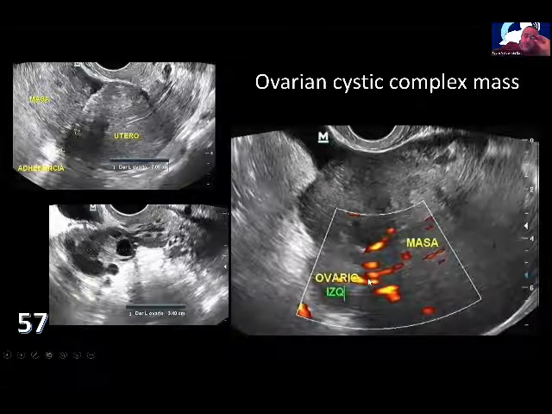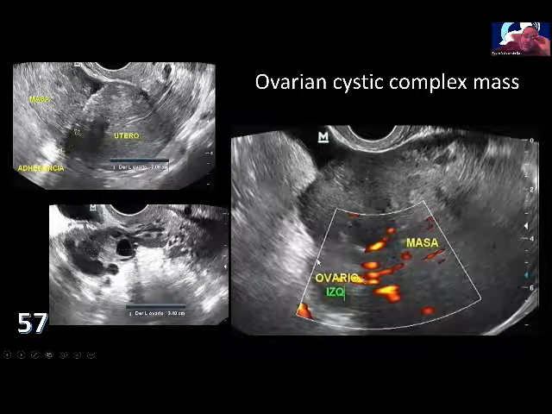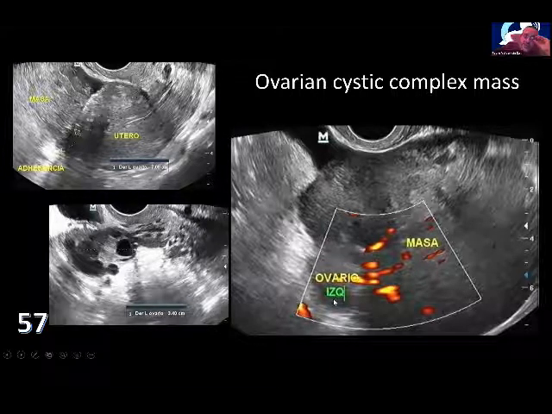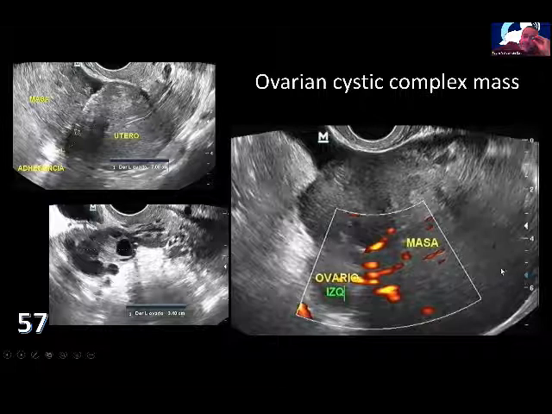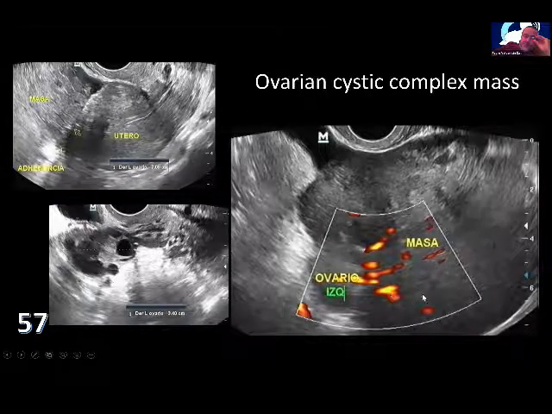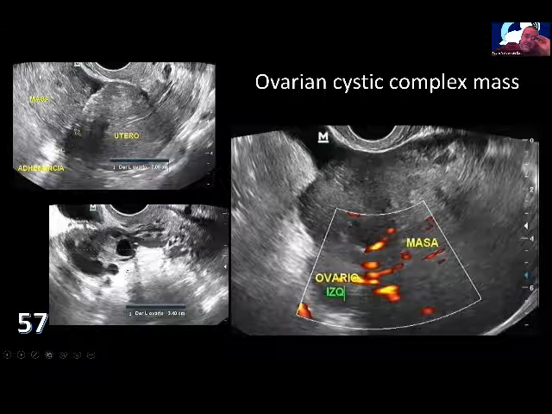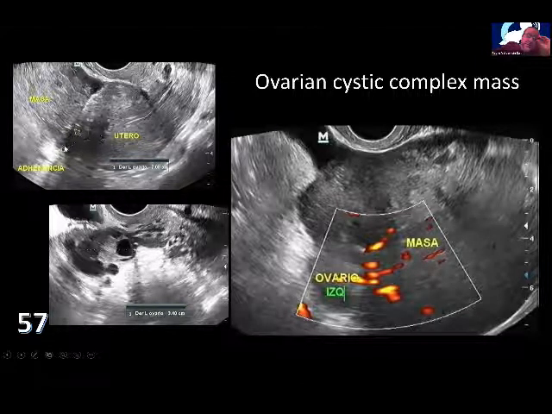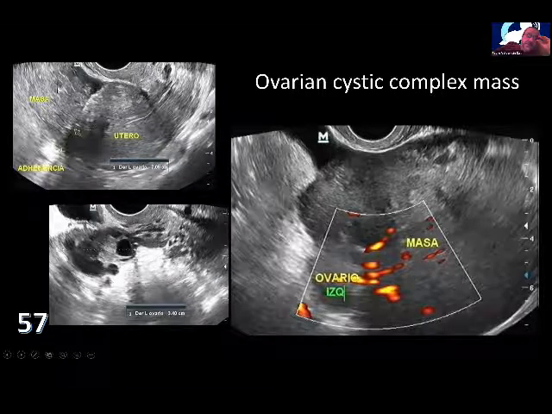or adnexal mass. We can see normal appearance ovarian tissue here, a big mass behind the uterus with some blood vessels, right ovary with a bunch of follicles, the uterus, the endometrial line, the boundaries of the uterus and the mass.